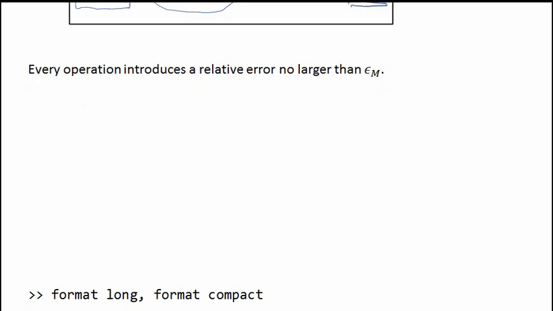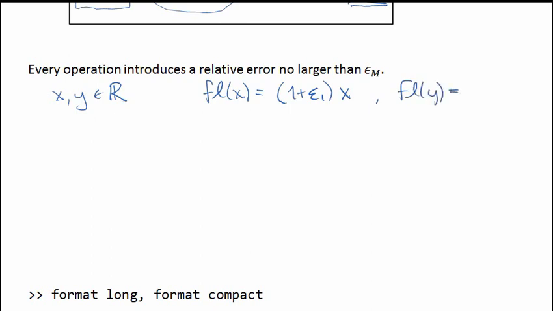So, for example, suppose x and y were real numbers. First we have to represent them as floating points. So floating point x is some small perturbation of x, and the floating point value of y is some other small perturbation of y. I can't assume that epsilon 1 and epsilon 2 are the same. It's different for every value.